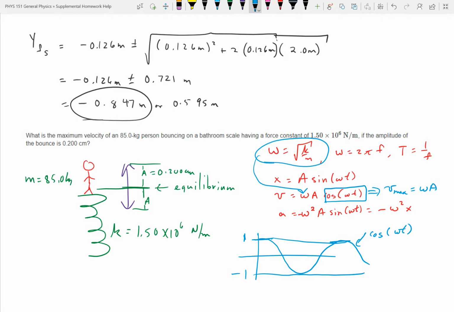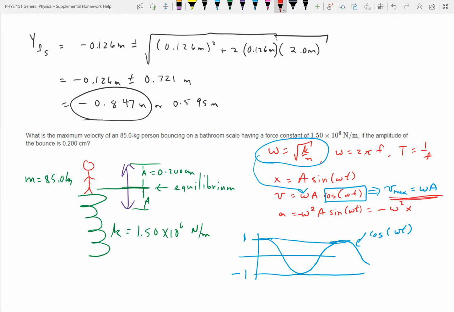That means your speed can only go as high as whatever that box is multiplied by. If omega A is multiplied by 1, then V only goes up to omega A times 1. So your maximum speed must be omega A.